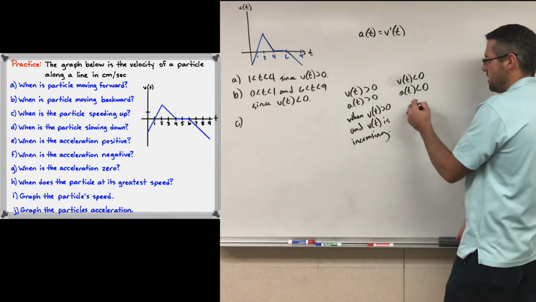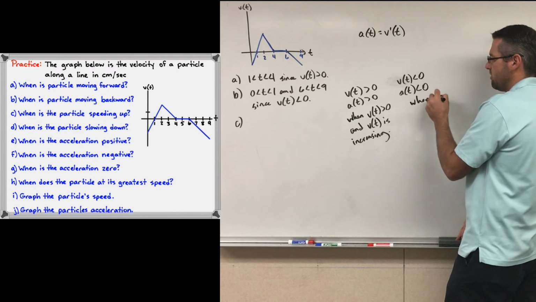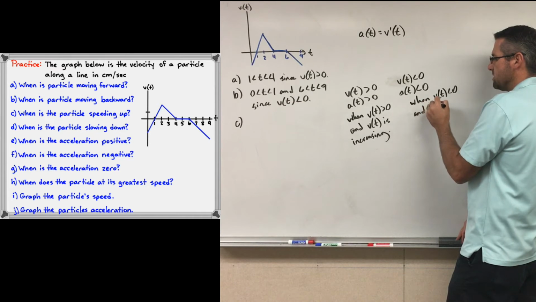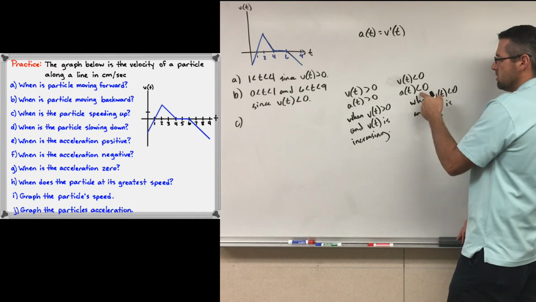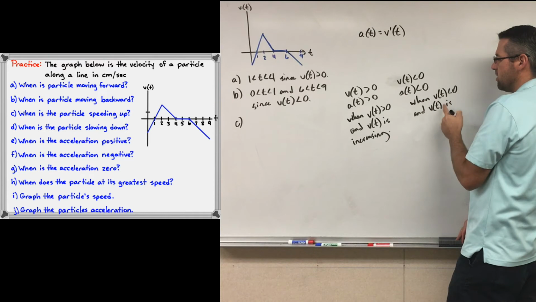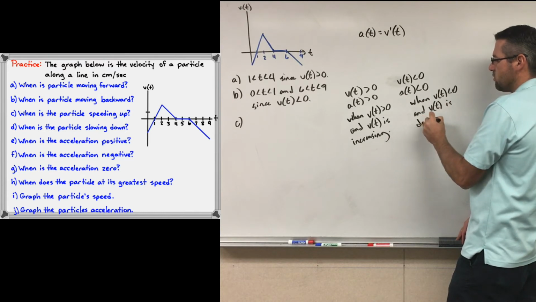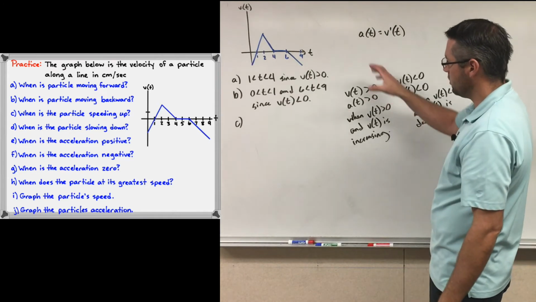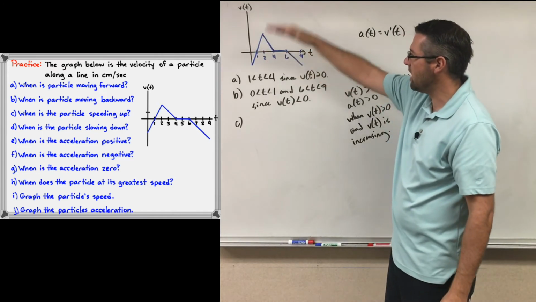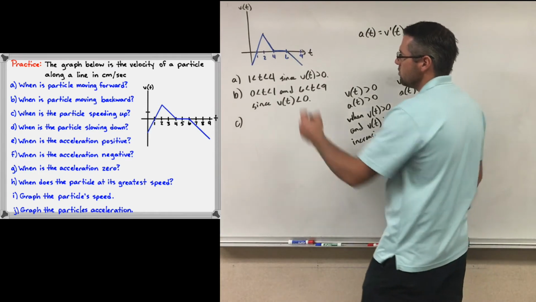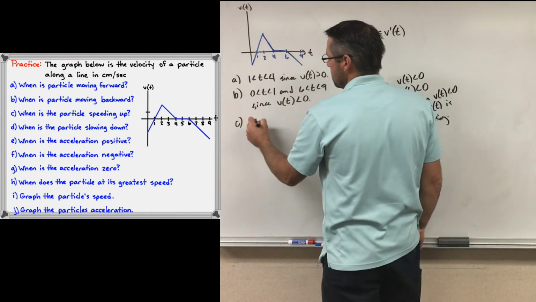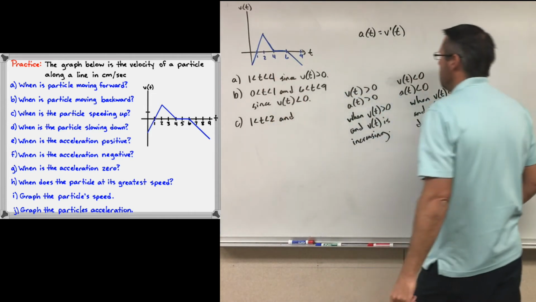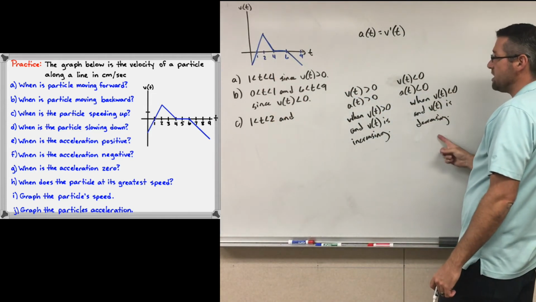Okay, same thing over here. We can reinterpret this to say when velocity is negative and acceleration is negative, that implies that velocity is decreasing. So essentially, we're looking for when the graph of velocity is positive and increasing, so we see that from 1 to 2, or when velocity is negative and decreasing.